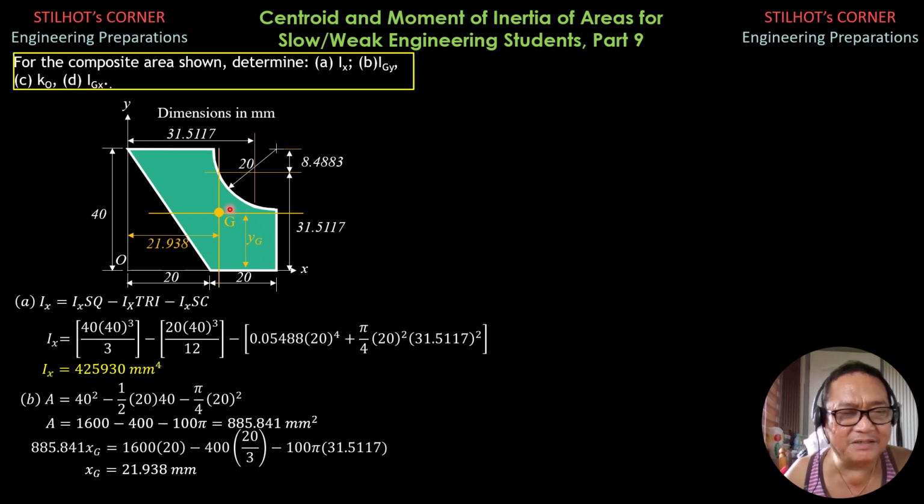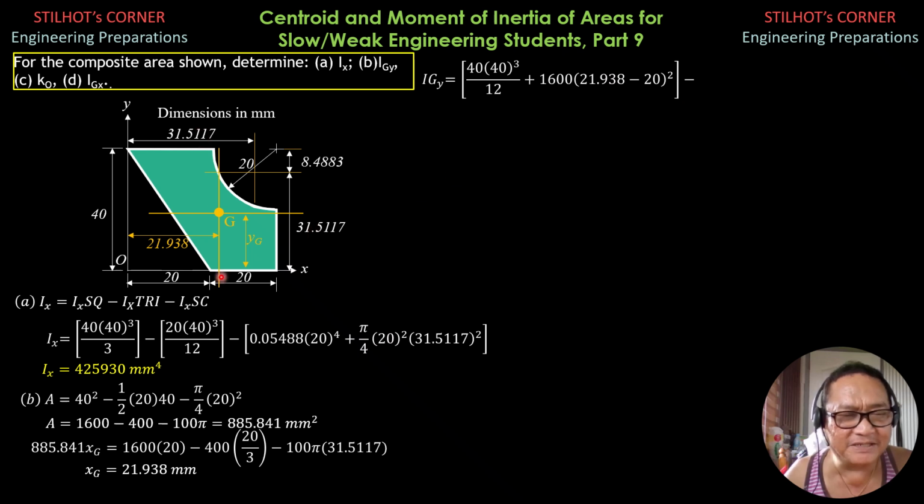So in this case, for square, 20 times 40 cube over 12 plus area 1600, then 21.938 minus 20, the distance of the centroid of the square from the y-axis, squared.